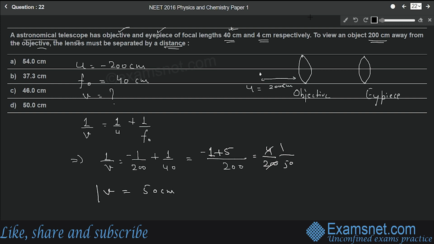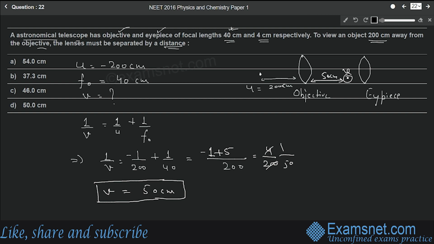This is the image distance from the objective lens. So the image will be formed somewhere here. This is the image, at 50 centimeter from the objective.